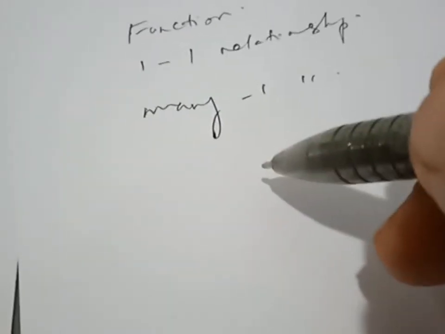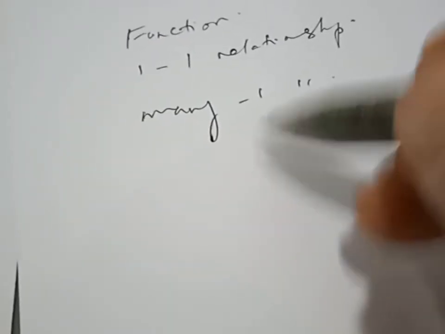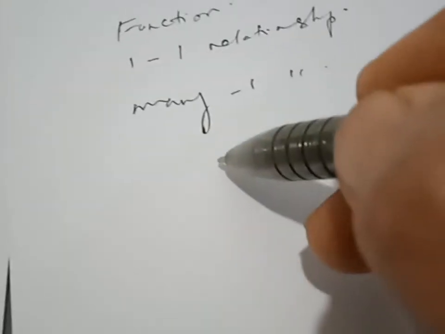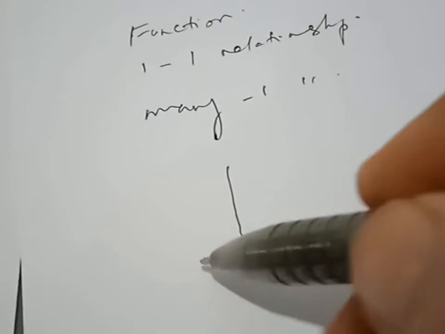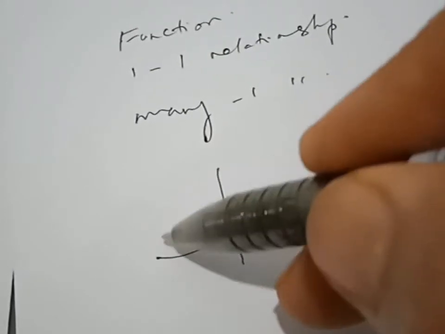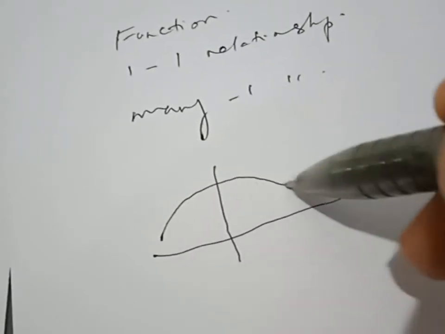In a graph form, if we want to test whether the given relationship is a function or not, we can test using a vertical line. For example, let's say this is the graph.